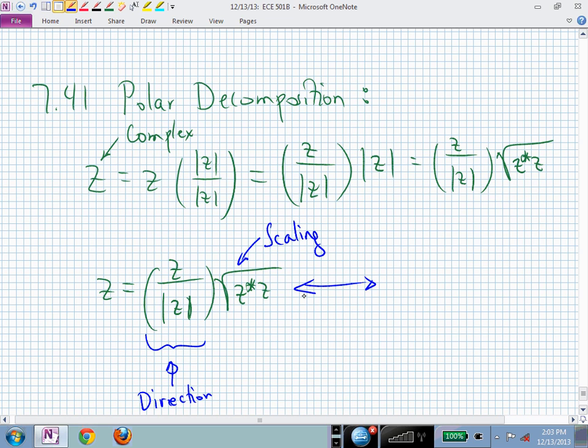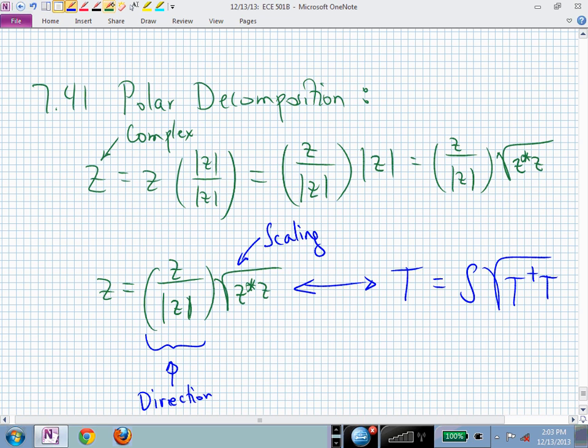And if we view this as an analogy, the complex number z is now the linear map T, but T now can be written as a direction, an isometry, and a scaling, which is a positive operator.